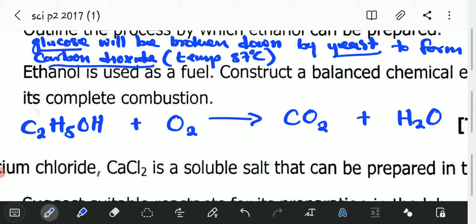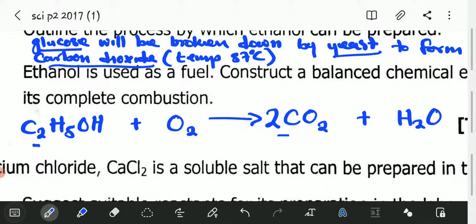So if we balance hydrogen and oxygen last, we are going to start with the only other element, which is carbon. On the reactant side, we have 2 carbon atoms. On the product side, we only have 1 carbon. So we add a 2 in front there so that we have 2 carbon atoms on each side.